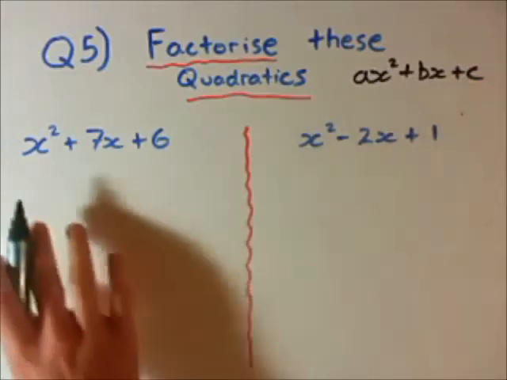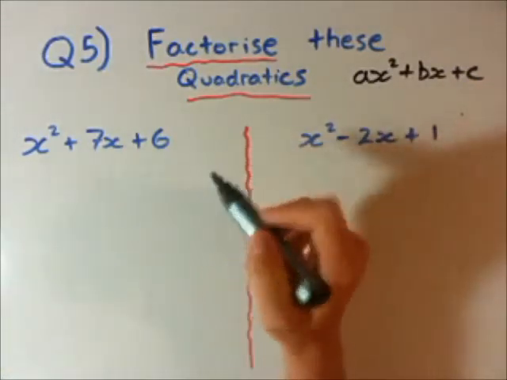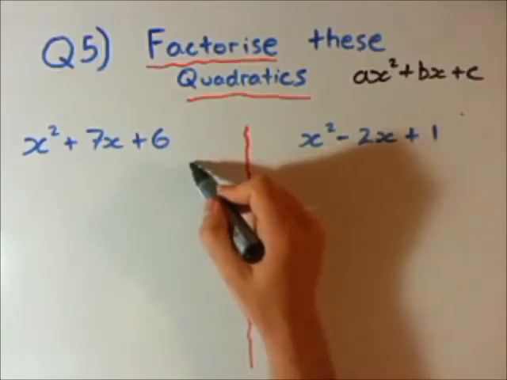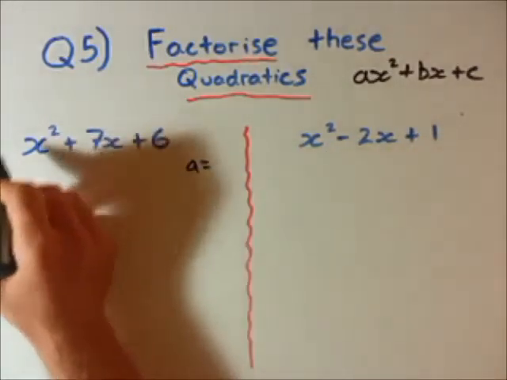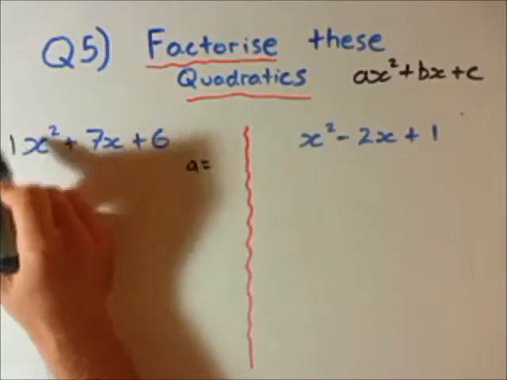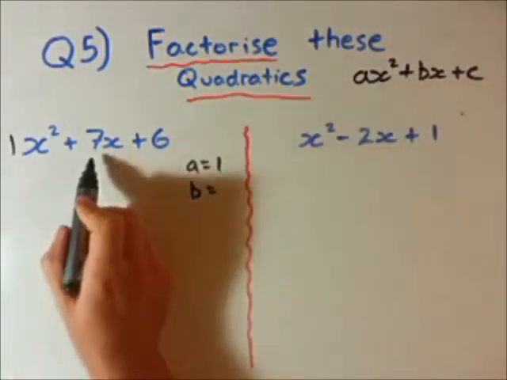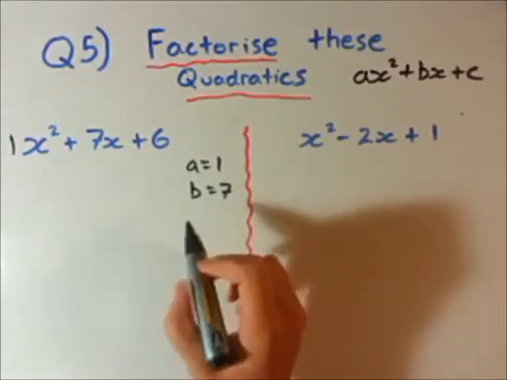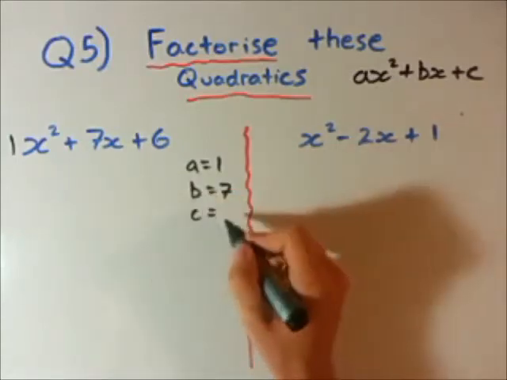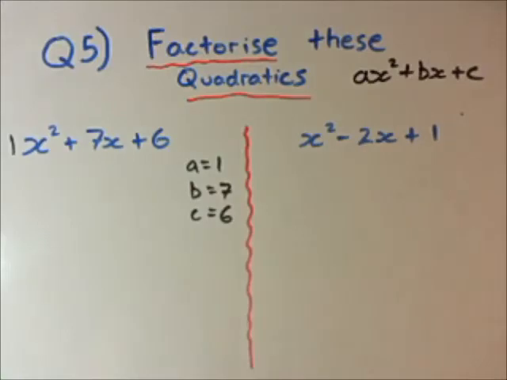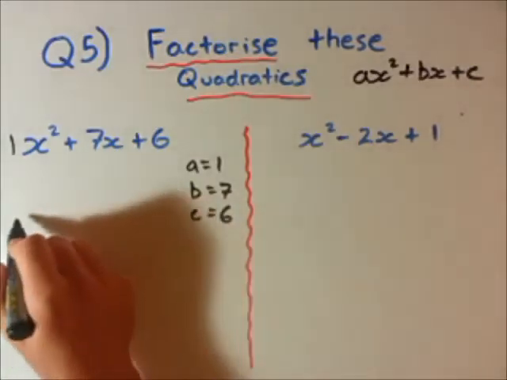Okay, so using this first example, you should do this every time, on the right hand side of your page: a is 1, because when you have x squared, that's the same as 1x squared. b is 7, and c is 6. Now here comes the Fox family method. That's the first step. The second step is to draw this diagram.